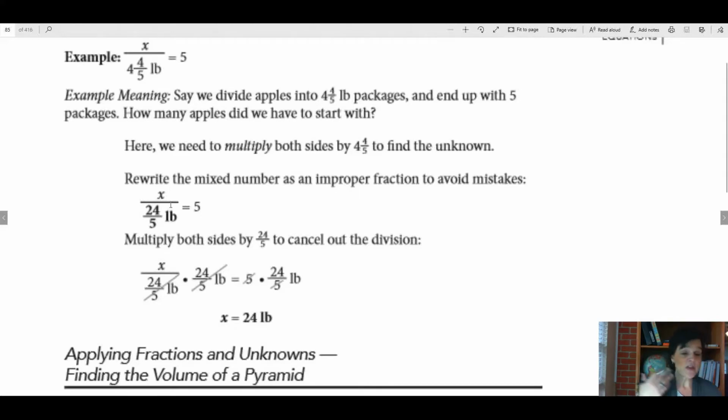So to undo this and get x by itself, we need to multiply both sides by 24/5. That canceled the 24/5 pounds out. So you're left with x by itself, equals 5 over 1. The 5s cancel each other out, so you're left with 24 over 1, which is the same as 24 pounds.